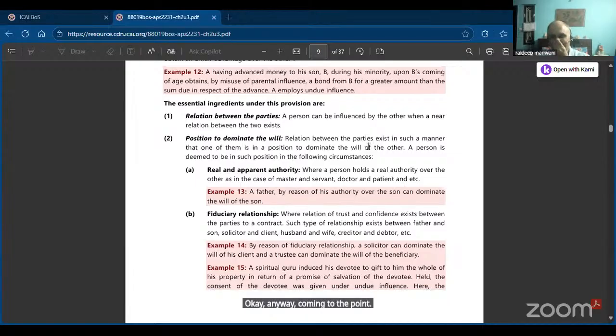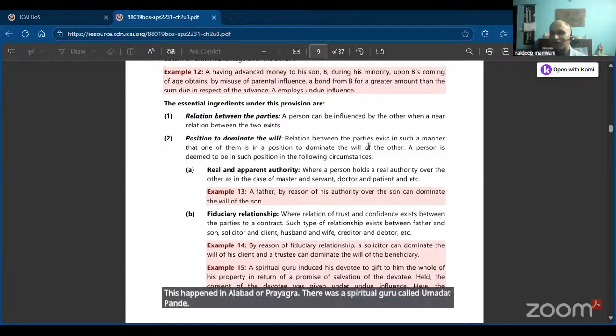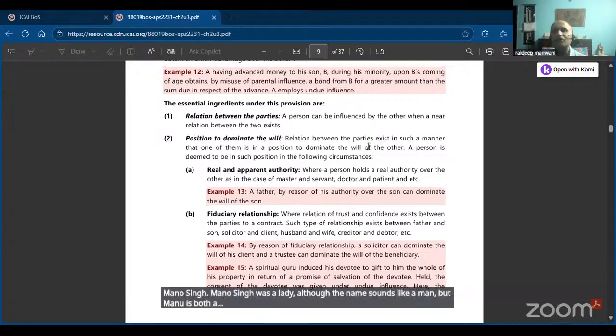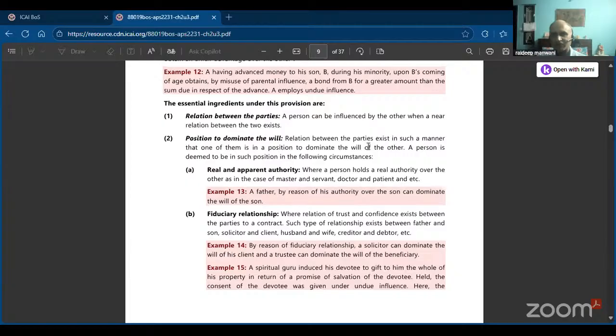So what happened was, this happened in Allahabad or Prayagraj. There was a spiritual guru called Umadat Pandey. Now, Umadat Pandey had many seekers, and one of them was Manu Singh. Manu Singh was a lady. Although the name sounds like a man's, Manu is a name of a boy as well as a girl in North India, just like Kiran.